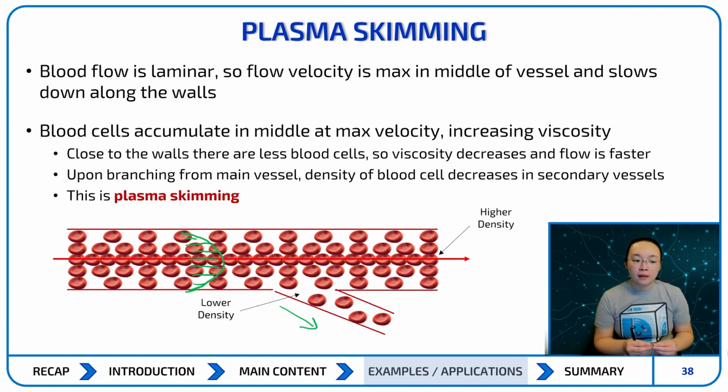So a lower density of blood cells will be able to travel into every branch that you have off of your main artery or arteriole. So that's what's called plasma skimming. You're taking a lower density of red blood cells and transferring it to further smaller blood vessels.